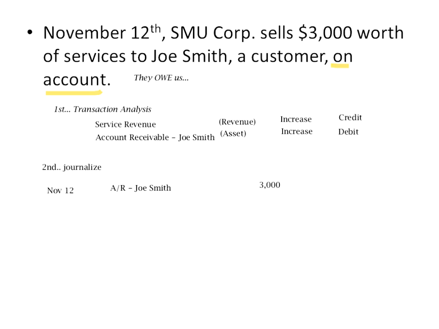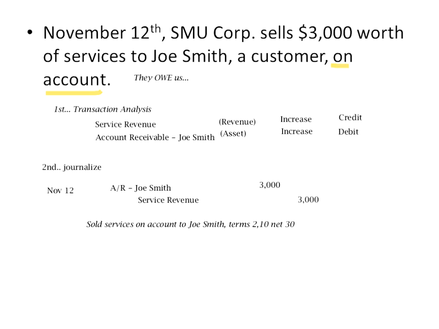And our credit will be service revenue, again for the same $3,000. And over here, sold services on account to Joe Smith, terms 2/10 net 30.